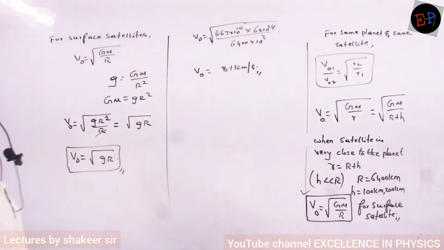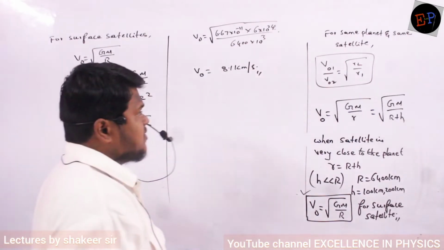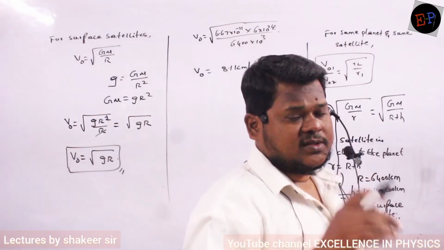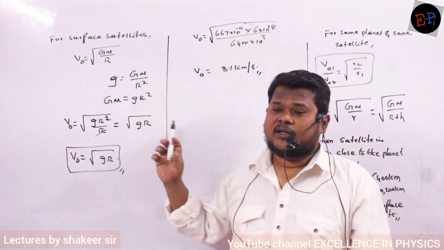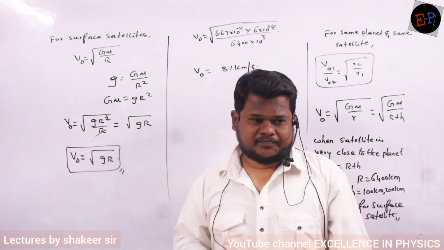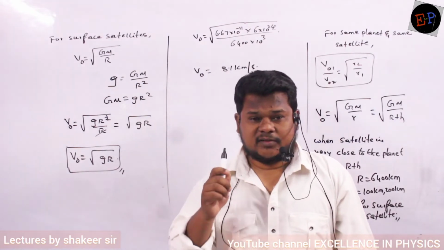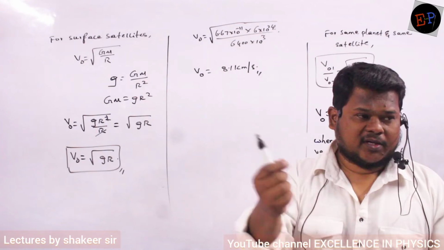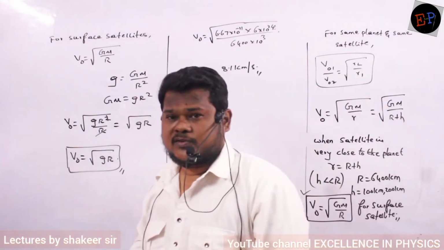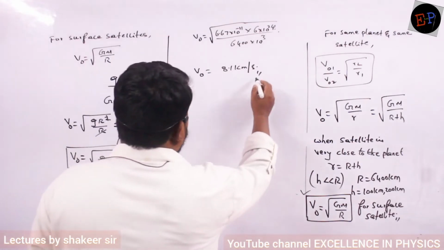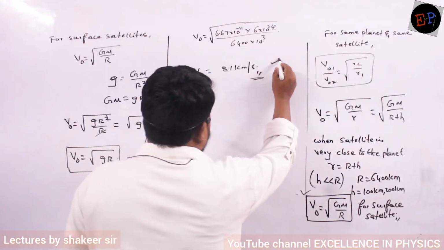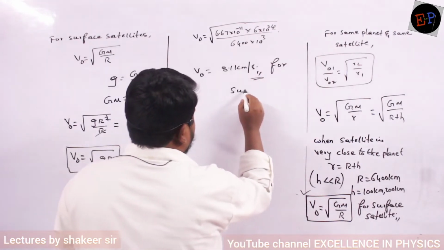It means satellites very close to the surface of Earth will travel 8 kilometers in 1 second. This is for surface satellites.